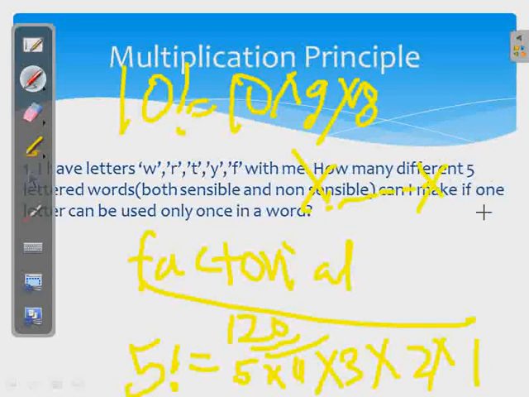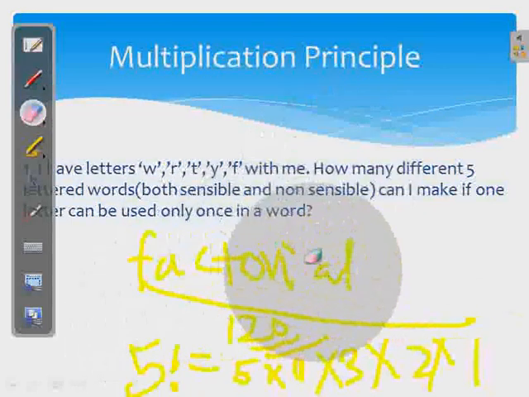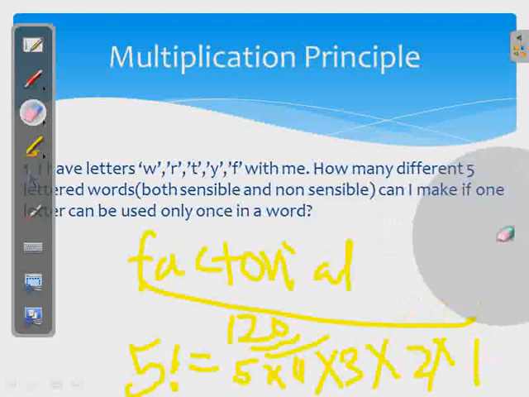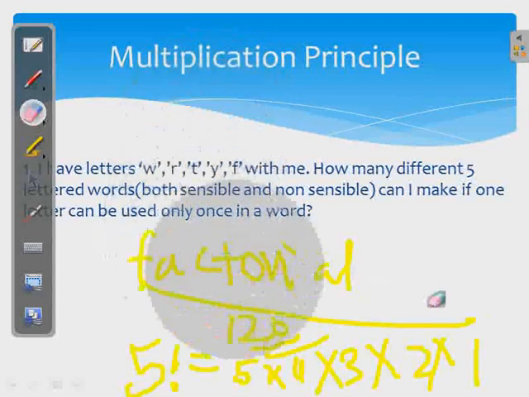If you know about the factorial, it's simply the multiplication until it reaches 1. Like if there is 100 factorial, 100 times 99 times 98 times 97 times 96 times 95, up to 3 times 2 times 1.